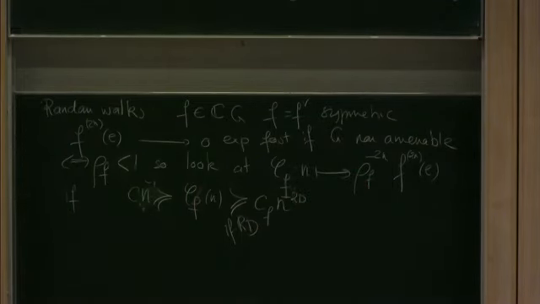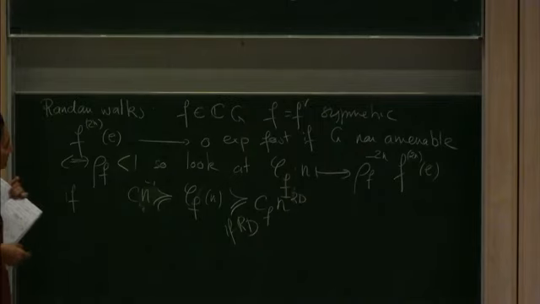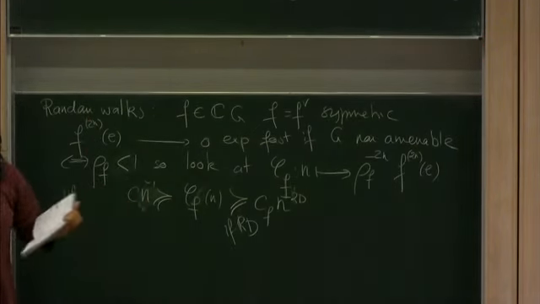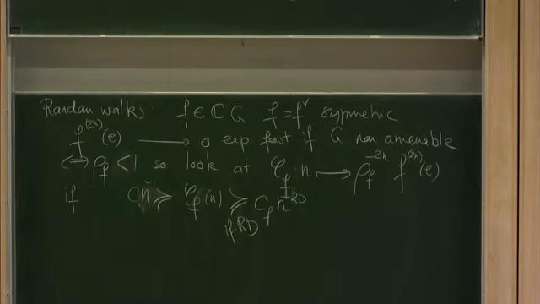Because that's kind of a question that you might wonder if you're thinking of random walks, and random walks and rapid decay give you kind of constraints on the possible behaviors of your random walks.